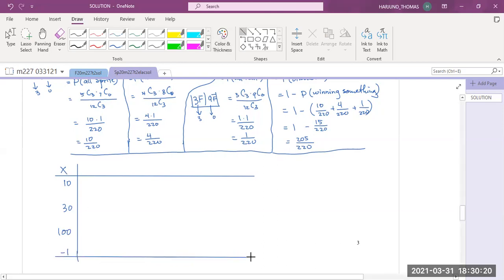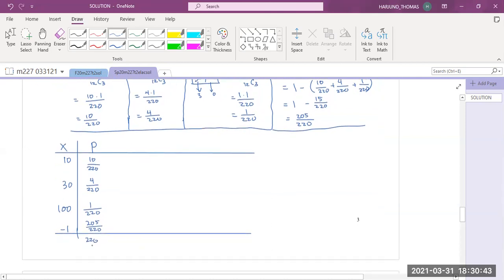With probabilities computed earlier, that's 10 over 220, 4 over 220, 1 over 220, 205 over 220. The total is 220 over 220, which is 1.